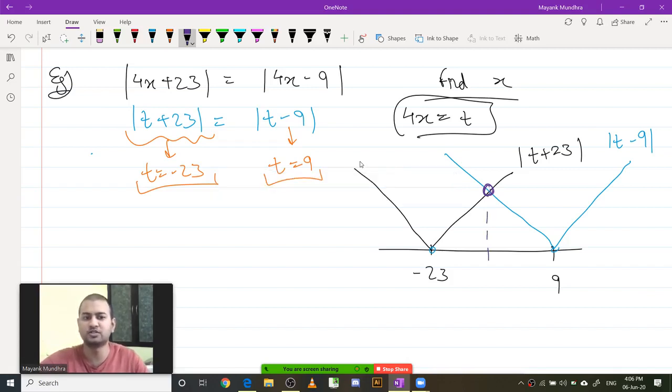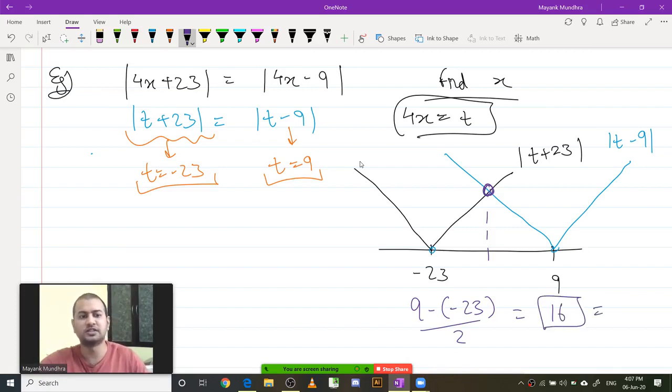So it is 9 minus 23 by 2, which is minus 7. So t equals minus 7, and t is 4x, which implies x equals minus 7 by 4. Substitute it in and you will get them equal. There is only one answer to this.